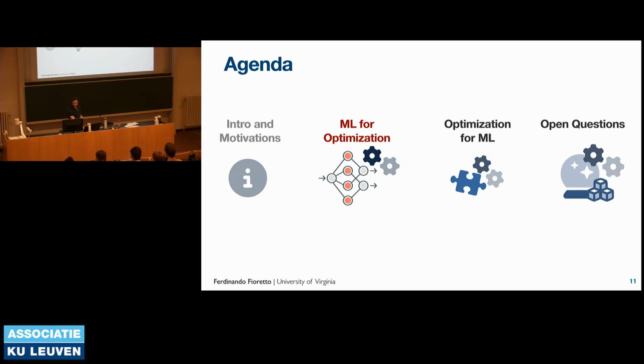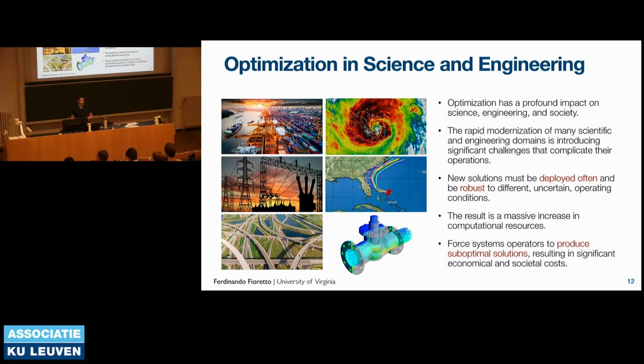So the first part of the talk is going to cover the use of machine learning for optimization. So how can we build those optimization proxies, as I call them? And this nice integration is motivated by many problems that are arising in engineering and scientific domains. Why? Because often we encounter optimization everywhere, but in those domains, optimization is so vastly present that we might not even realize it.